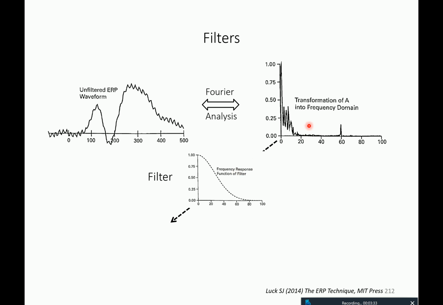Of course, the specific form of a filter depends on how the function that you apply in the frequency domain looks. If you made this fall off much quicker, then you would not allow these frequencies between 20 and 40 to pass, so you would have a lower low pass filter.